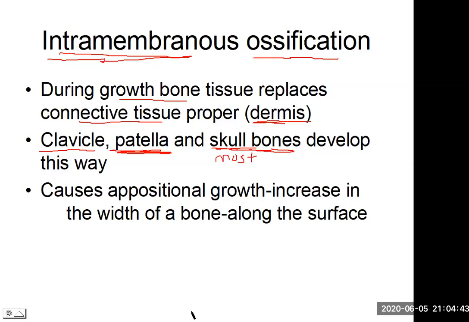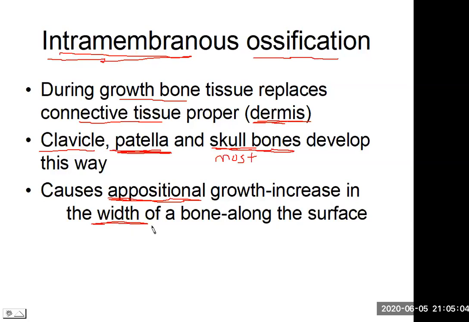As these bones, of course, continue to grow and enlarge, the term oppositional growth applies, of course, to these bones, or every bone of the body, I should say. And what's meant by oppositional growth, this is a mechanism that increases, you notice, the width of the bone. So the bones get wider and thicker.